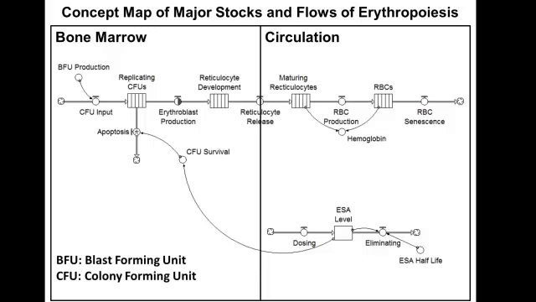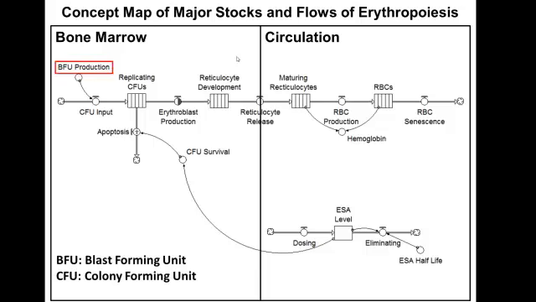As we said before, when you give the ESA, it decreases what we call this leakage flow of replicating CFUs. It allows them to survive, and they move down the chain. And what that does is ultimately increase the size of the population of circulating red blood cells.